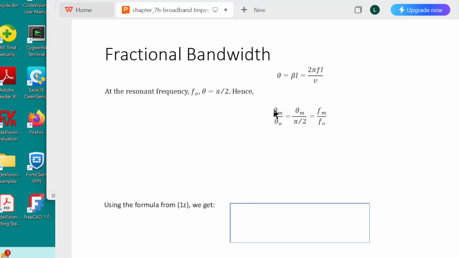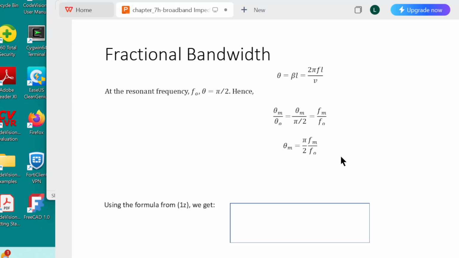So if we look at the ratio, beta m divided by the resonant electrical wavelength, then we will get beta m divided by pi over 2, which corresponds to Fm divided by F0. F0 is the resonant frequency, where Fm is the frequency slightly off from the resonant frequency.